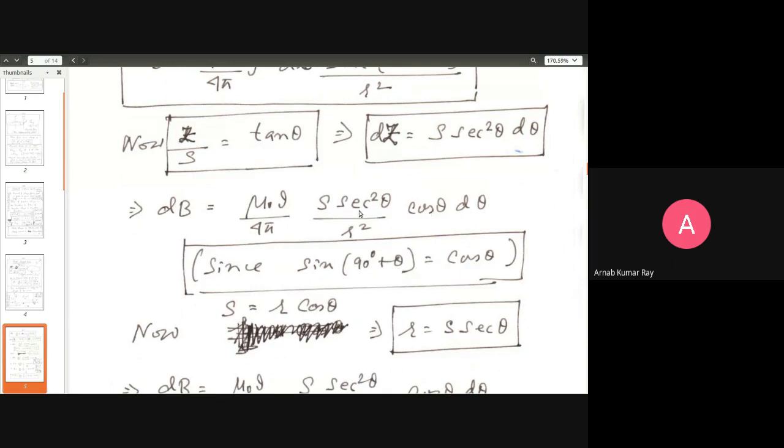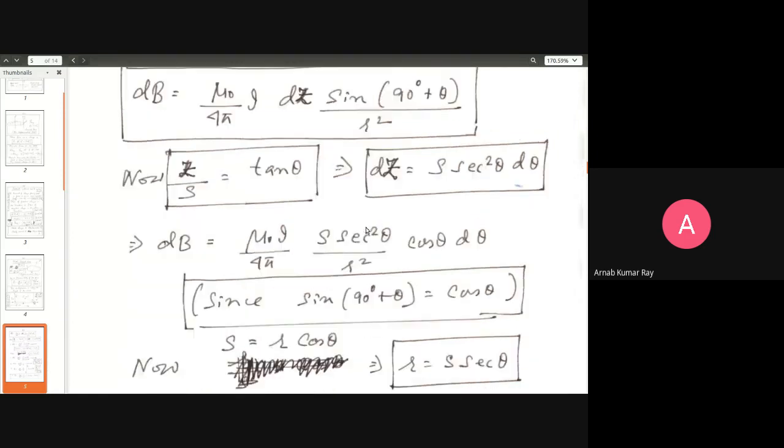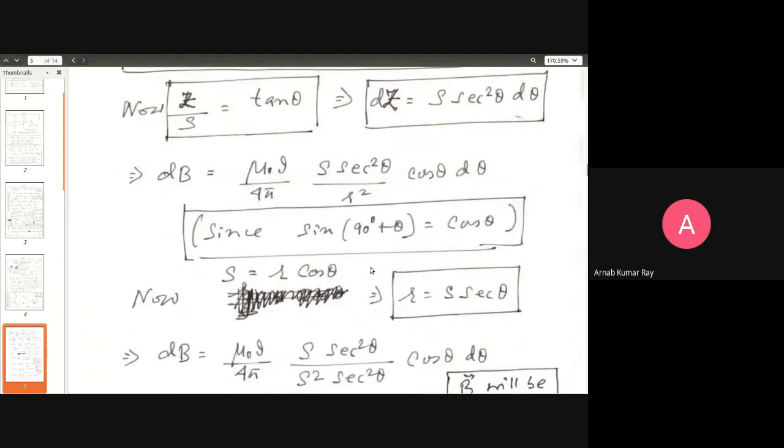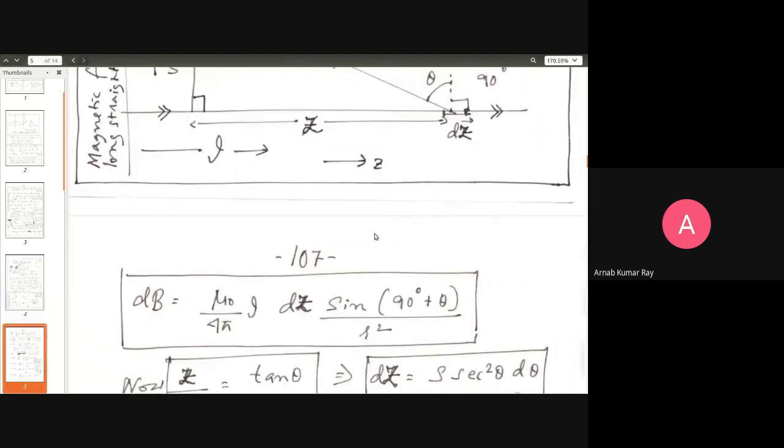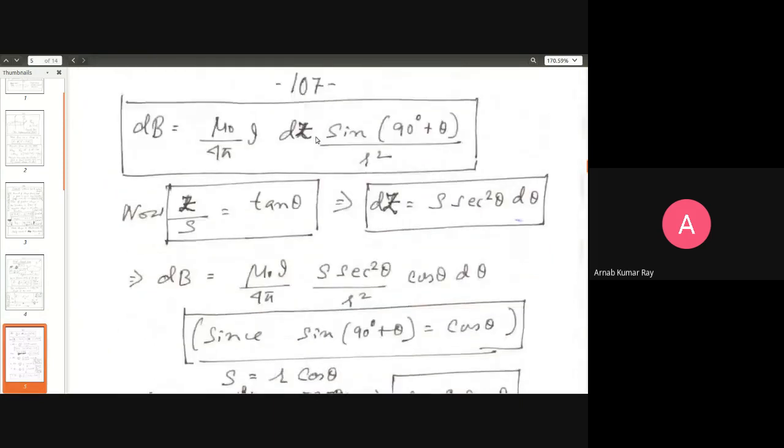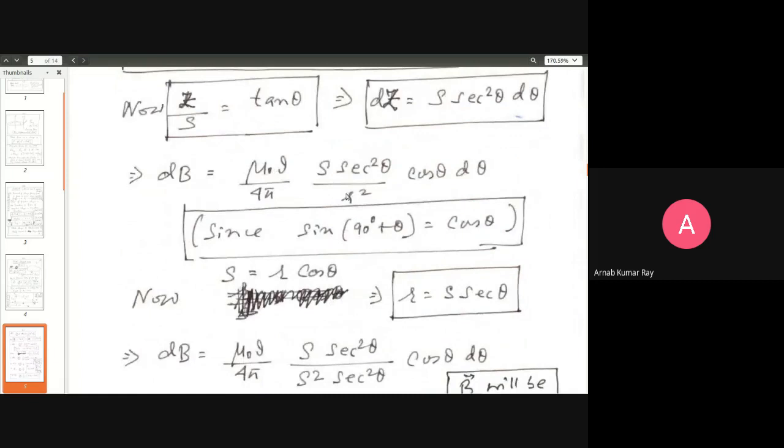So it is s sec squared theta cos theta d theta by r squared. Now we shall also have to eliminate the variable r. So we had three variables over here, z, theta, and r. Now we have got only r and theta in this formula.